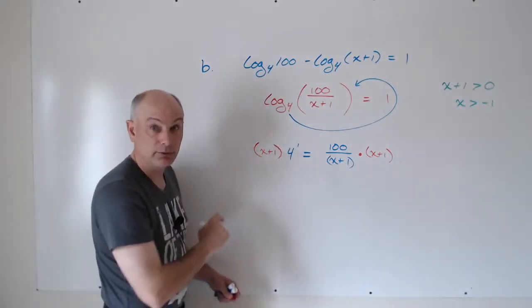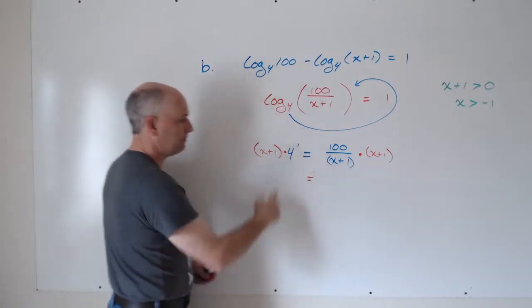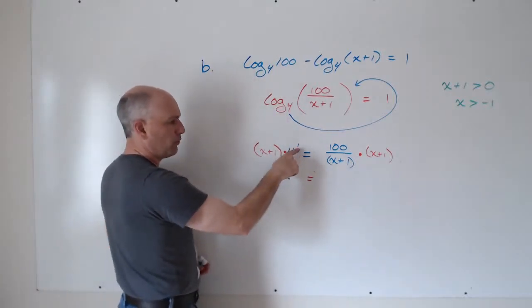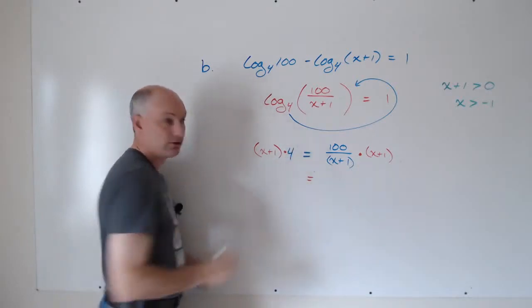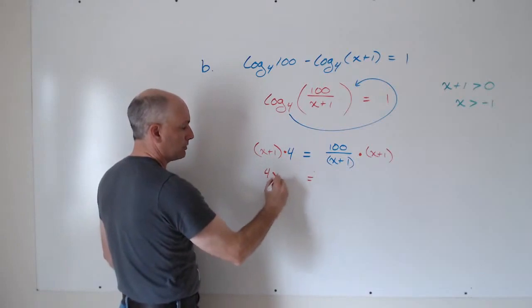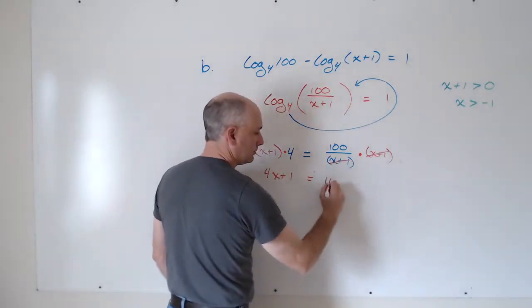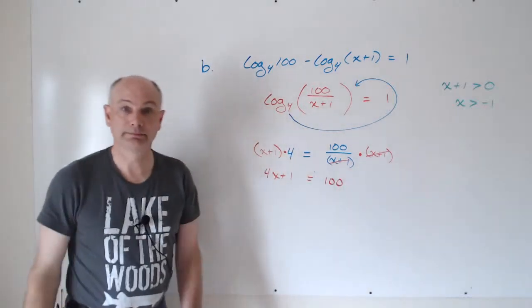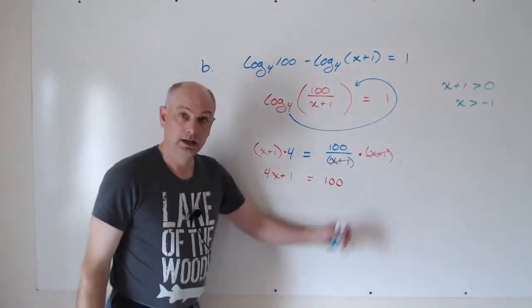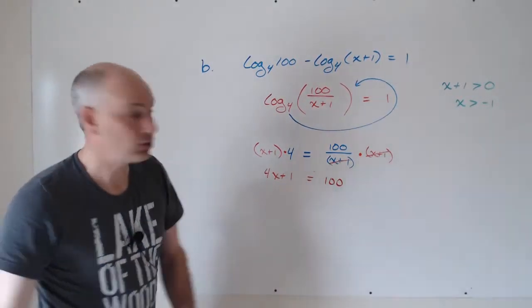Common mistake, people don't write a quantity and then they don't distribute correctly. Now let's clean it up a little bit. This 4 to the first power, I'm hoping everybody's comfortable, is just a 4. Let's distribute. That would say 4 times the quantity x plus 1 is then equal to 100. So now, notice to finish off, it's a 2-step linear algebra problem.